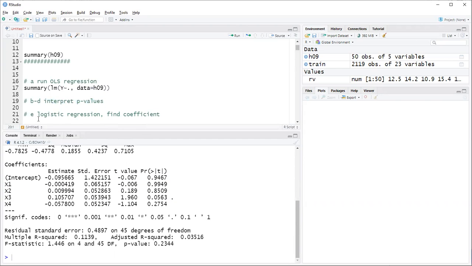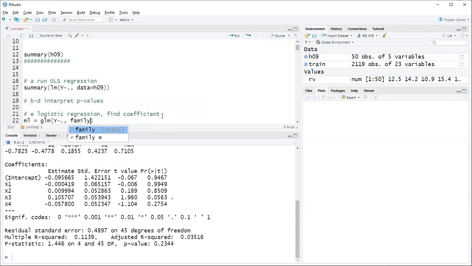All right, so the next thing is we want to run a logistic regression. So if our response variable is dichotomous, takes on values of 0 and 1, this might be the thing to do. So I'm going to do ML for model that's logistic. And here, instead of lm, I have glm. And I've got y as the response again, all of the explanatory variables in there. So I put a dot there. And here, I have to do something a little different.